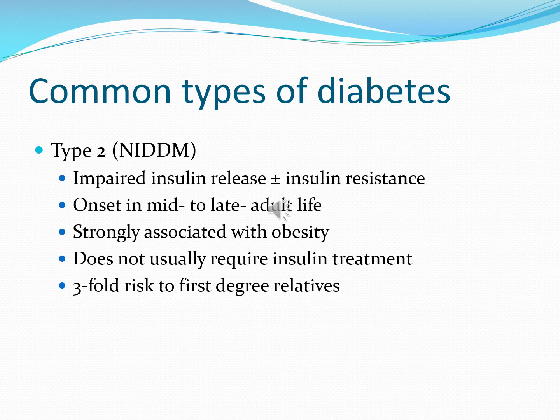So this is the diabetes that's strongly associated with obesity. It does not usually require insulin treatment, but having said that, a significant number of patients will go on to requiring insulin in the end. And there's likely a genetic component, as there's a threefold risk for first degree relatives, but that risk is not as great as that for type 1.